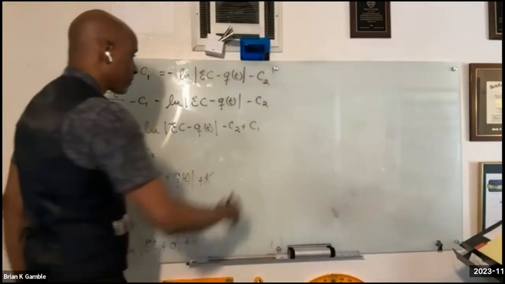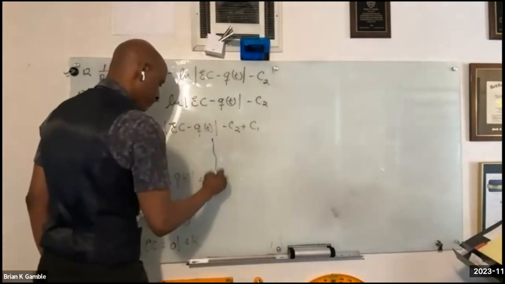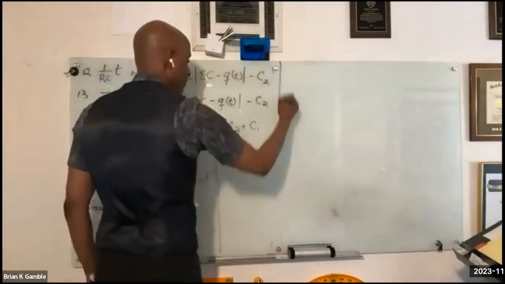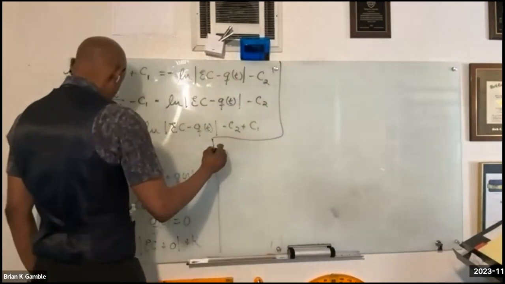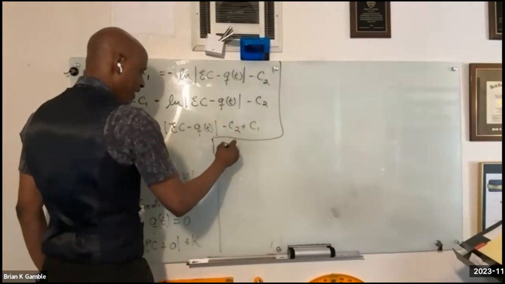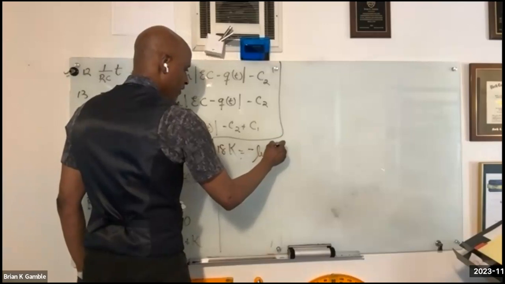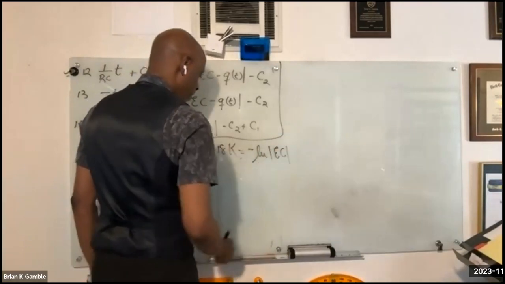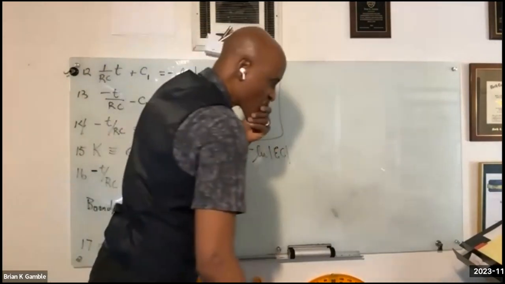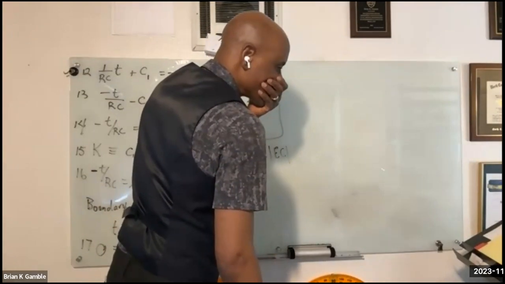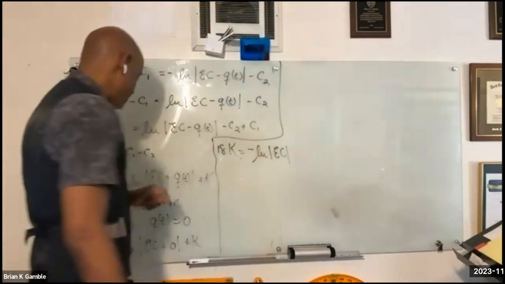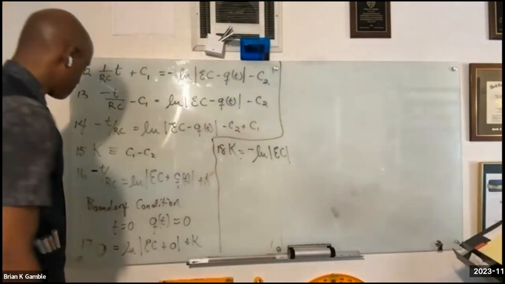For this problem, my constant chi is going to be equal to negative log of EC. So I basically take that and put it back into the equation here.